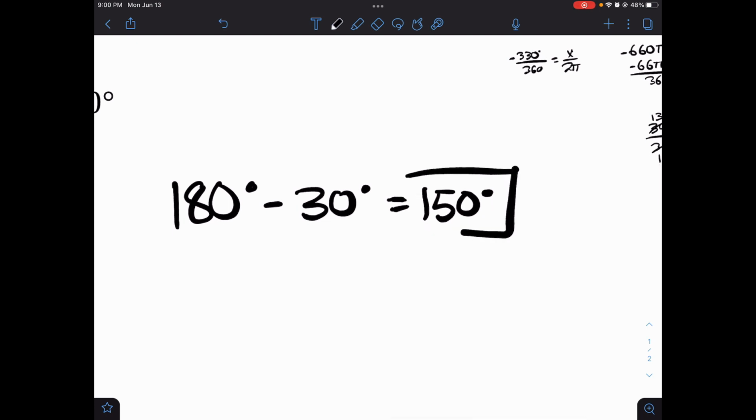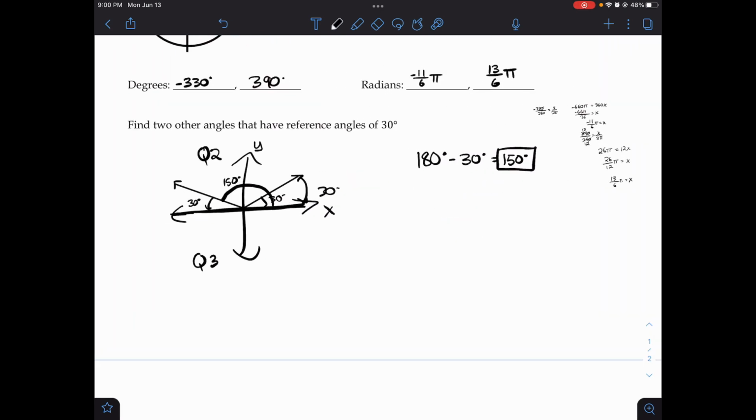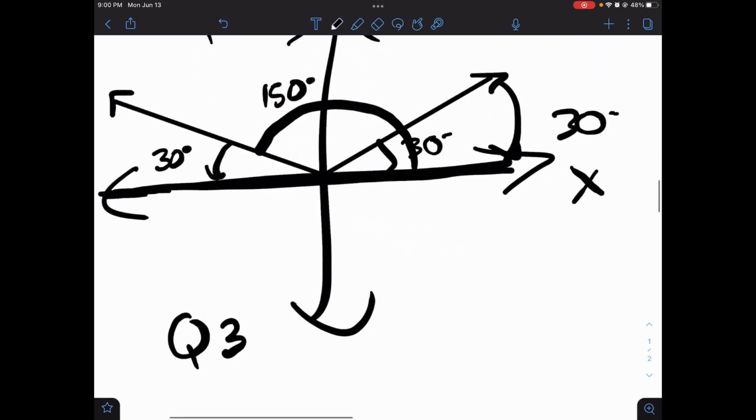Now to find an angle with a reference angle of 30 in quadrant 3, we have to realize that this angle will also have to go back to 180, because if it doesn't, it'll go this way, and that will be in quadrant 4.